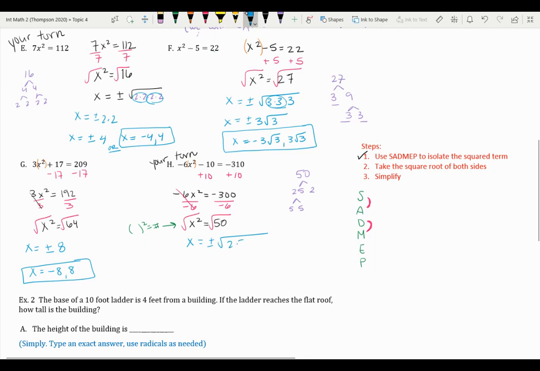So I get 2 times 5 times 5. A pair of 5, so I bring a 5 out, and I leave the 2 inside. Plus or minus 5 radical 2, which is the same as negative 5 radical 2 and positive 5 radical 2.